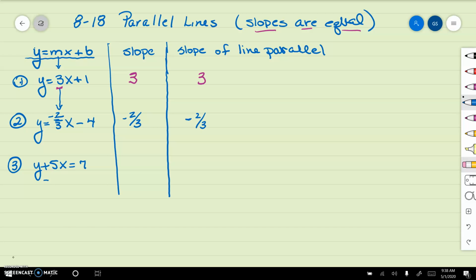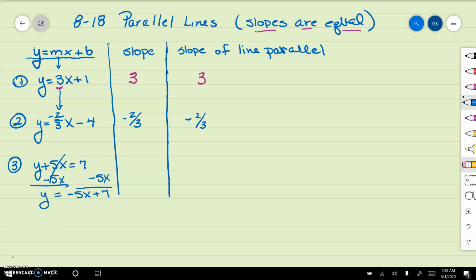I subtract 5x from both sides. We've done this. What I'm left with on the left is a y, and on the right, I'm going to switch the order of these: negative 5x plus 7. I only switch the order because it's supposed to be mx plus b.